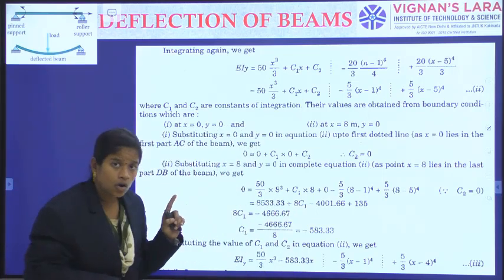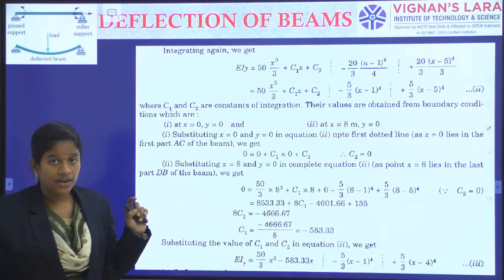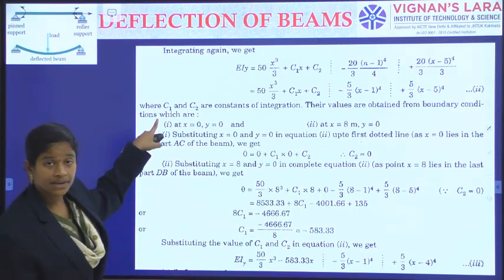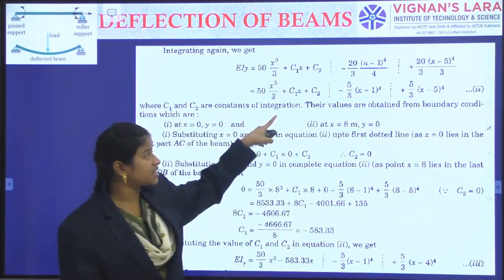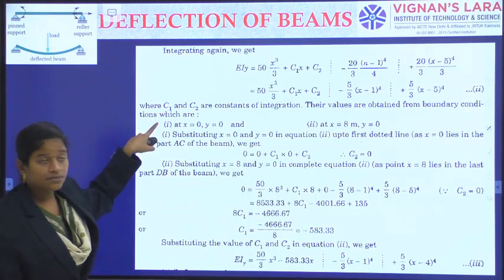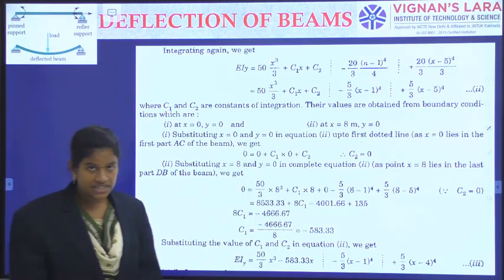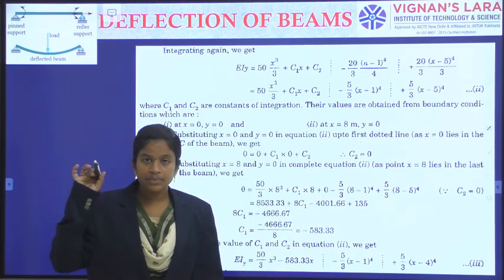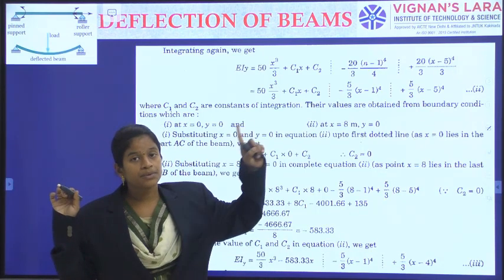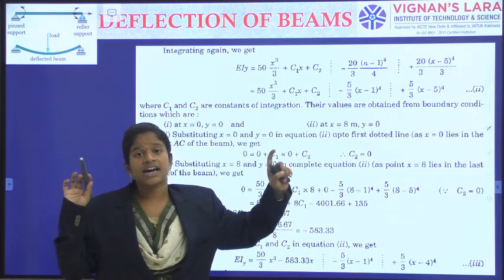As you already know, the integration constants should be evaluated from the boundary conditions. Here also I am doing the same. So the C1 and C2 constants of integration, their values are obtained from the boundary conditions. What are the boundary conditions I am having? Being a simply supported beam, at the simply supported end A and at the simply supported end B, the deflections are equal to 0.